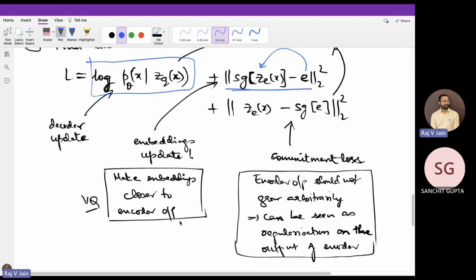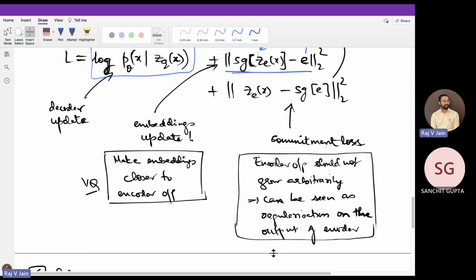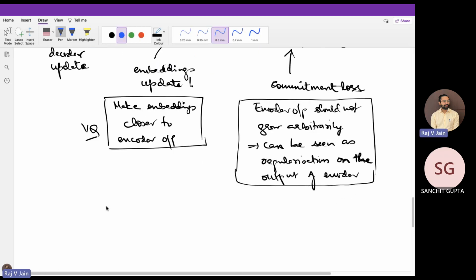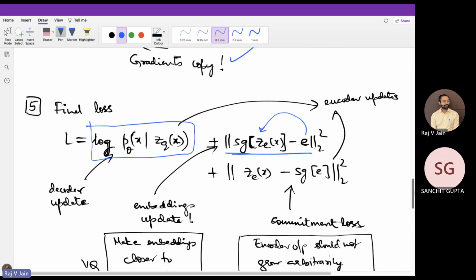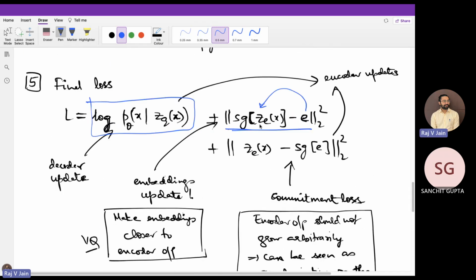Intuitively, it says when you're updating E, don't update the encoder at that time. So update one by one. When you're updating the encoder, keep this constant, don't do anything to it. Because of this, the embedding vectors will start going closer and closer to the encoder output.